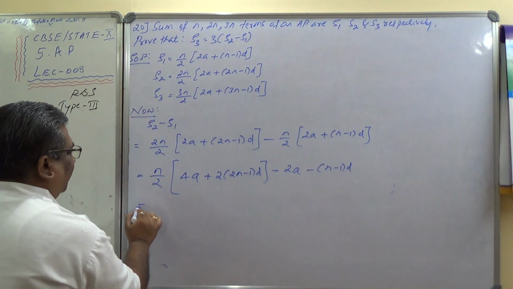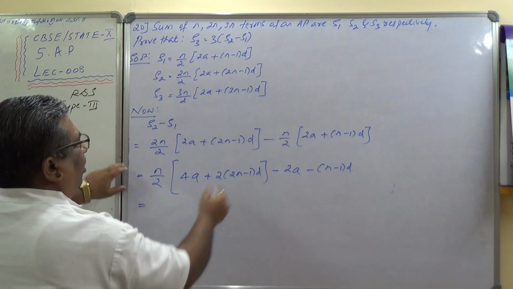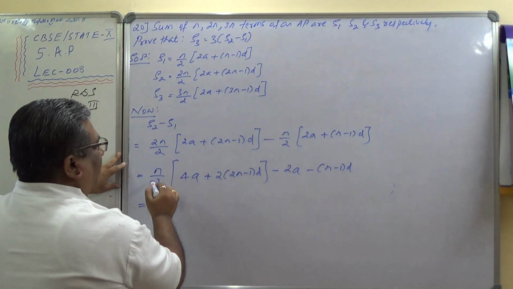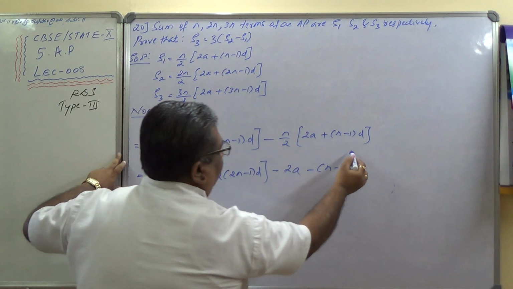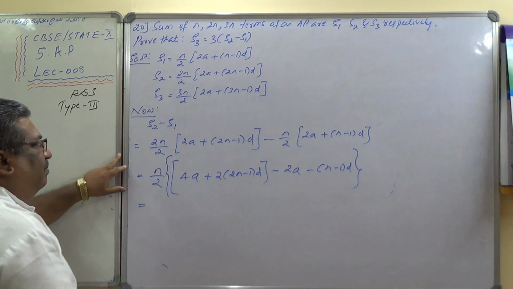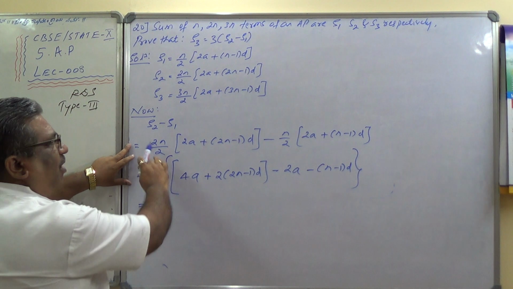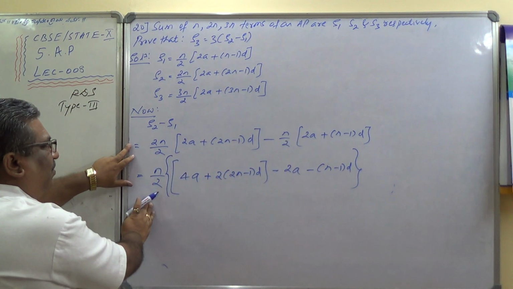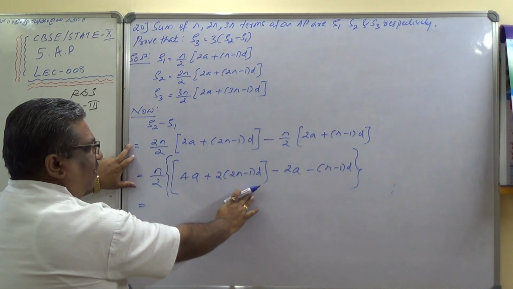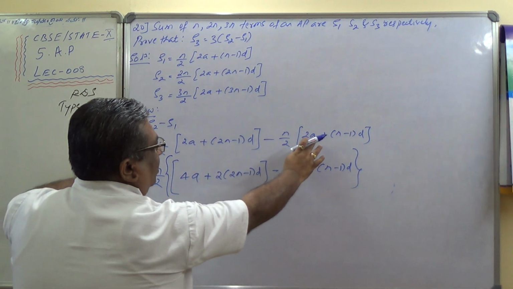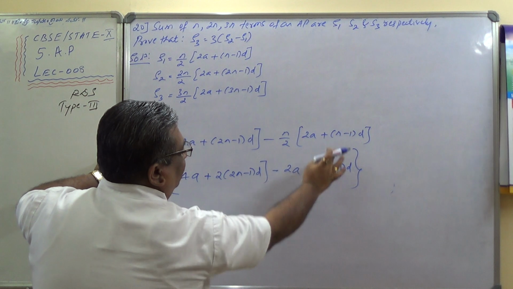Here let us see what happens once again. This n by 2 is common for both these terms, and therefore probably I will have to put one more bracket here. Now it is clear, because n by 2 is common for both these terms which has come out. 2 is remaining, multiplied this entire term by 2 here, minus 2a minus (n minus 1)d.